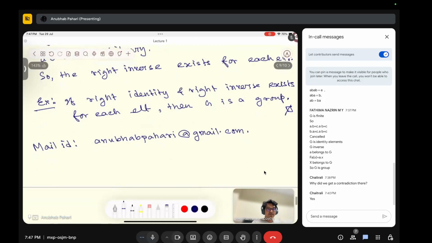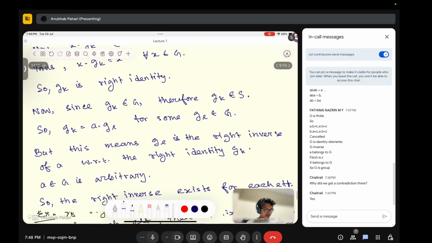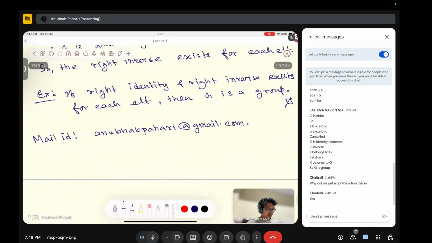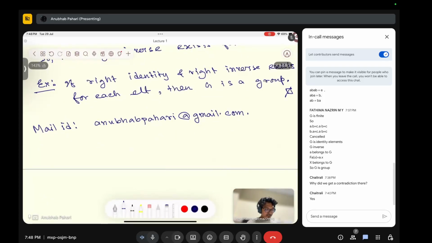Okay, so maybe we should do another problem, and then call it a night. Following exercise 9, what we have seen is that for finite groups this is true.